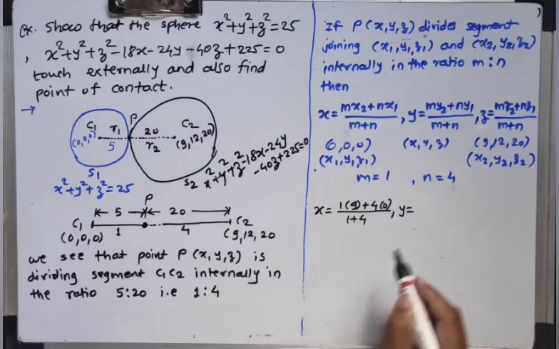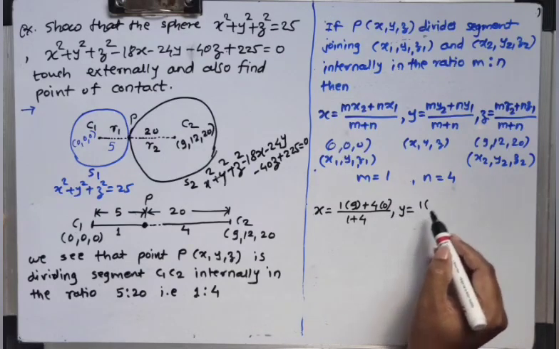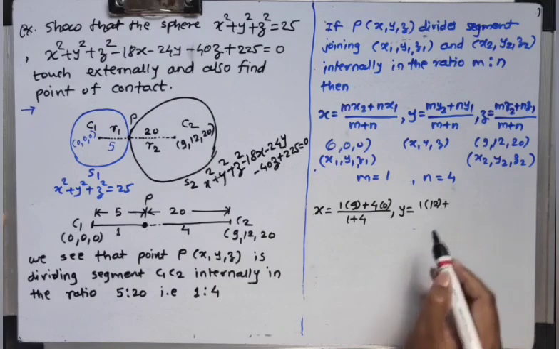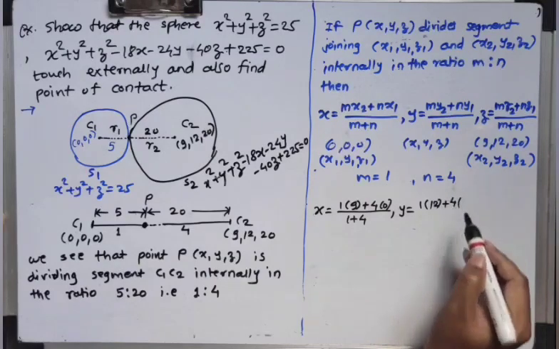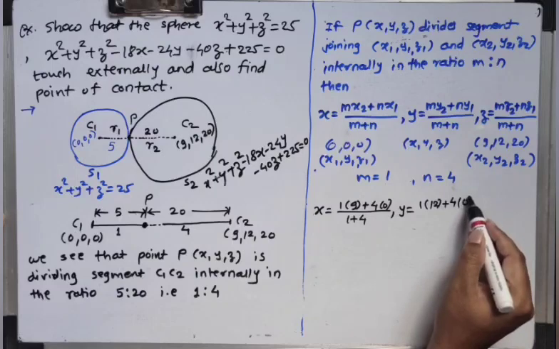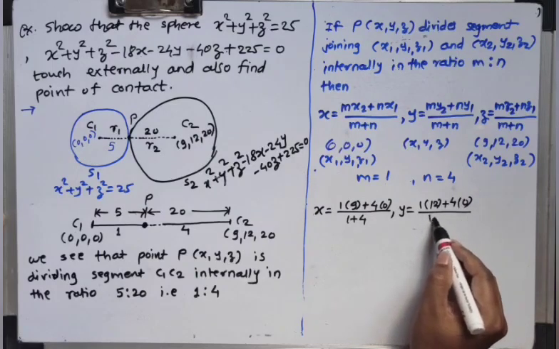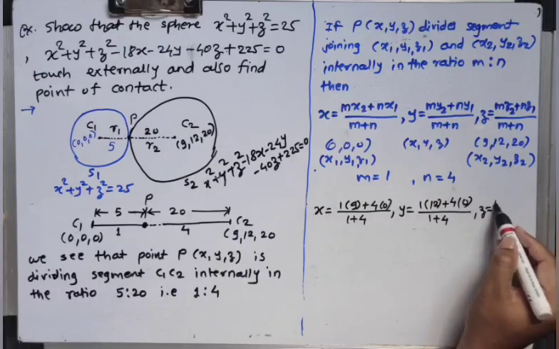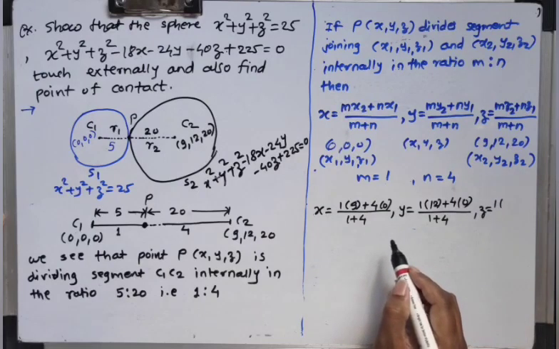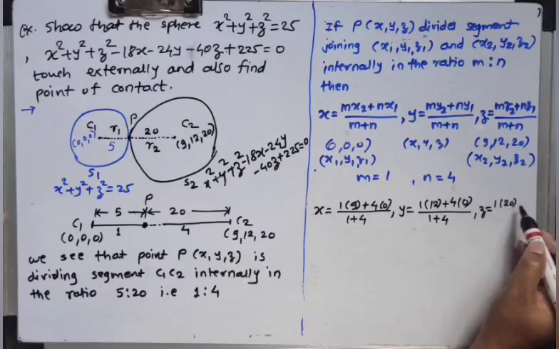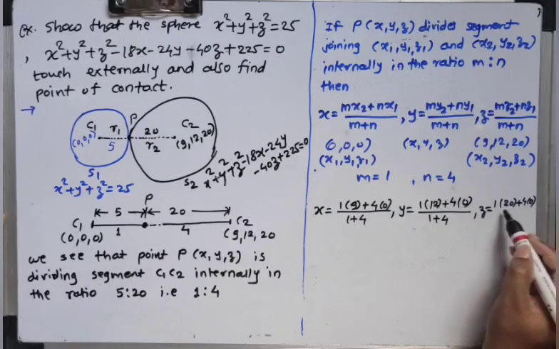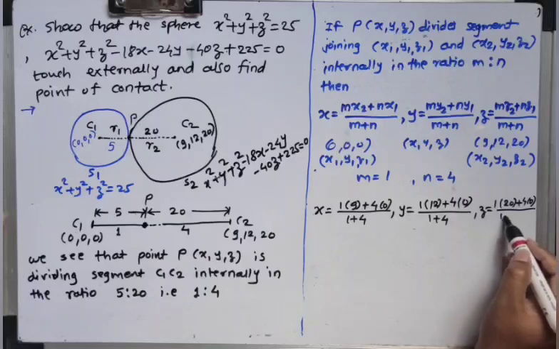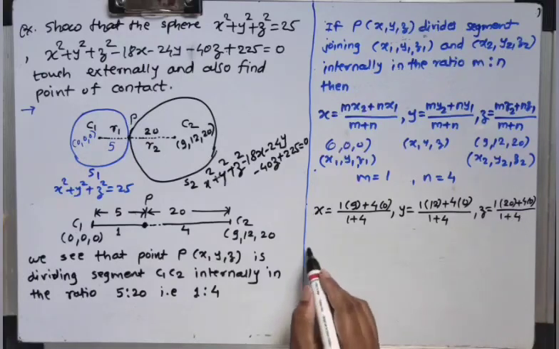Y coordinate is m into y2, that is 12, plus n into y1, that is 0, divided by m plus n, that is 1 plus 4. And z is equal to m into z2, that is 1 into 20, plus 4 into 0, divided by m plus n, that is 1 plus 4.